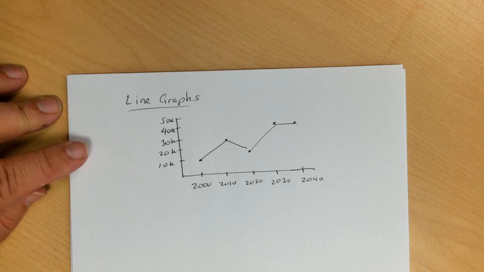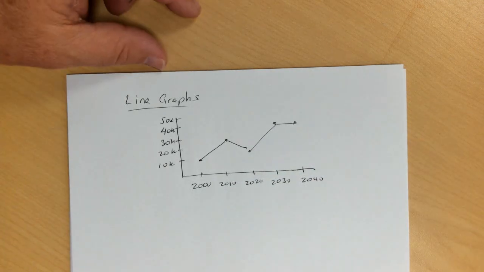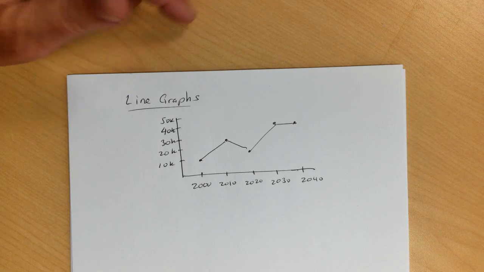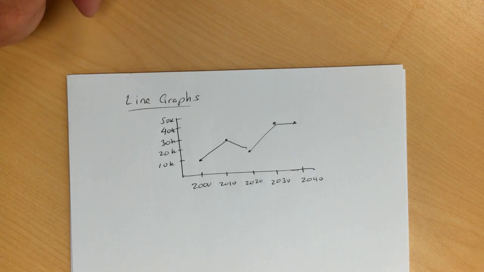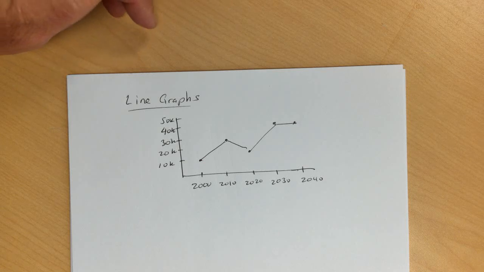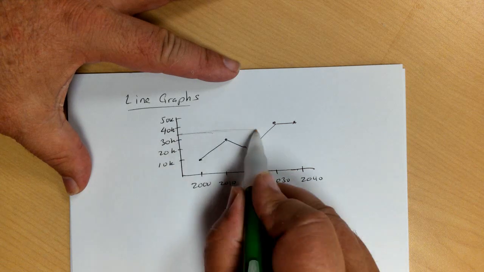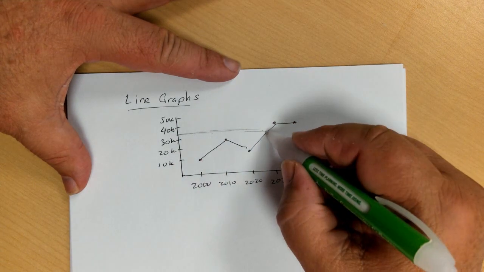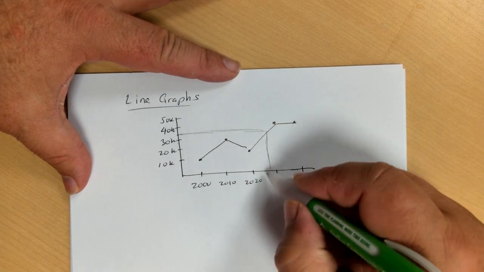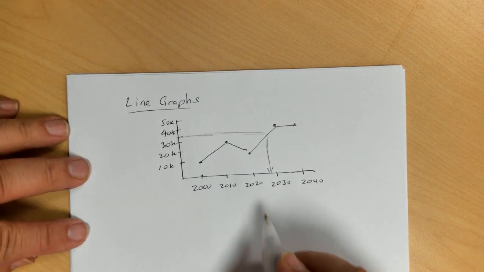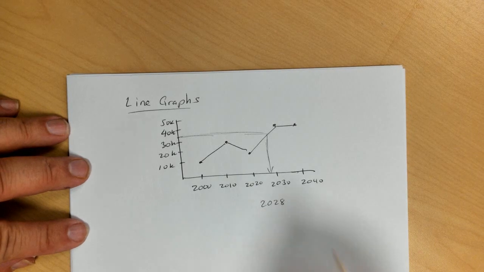Now from this you can tell me a bunch of stuff. What years or when were we above 35,000 employees? So 35 would be here, so draw. So it's about when? 2028 or 2027.